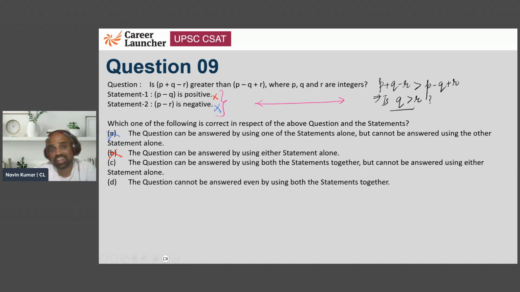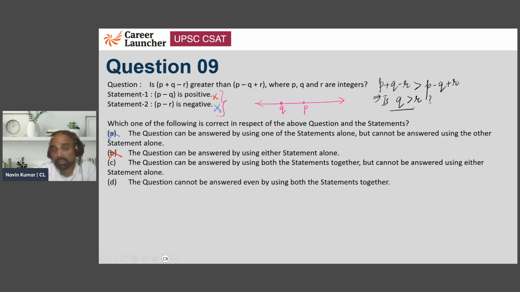On a number line, the right-hand side is going to be greater. So when we read P minus Q is positive, if Q is here, P has to be to the right of it. P has to be greater than Q so that P minus Q is positive, isn't it?